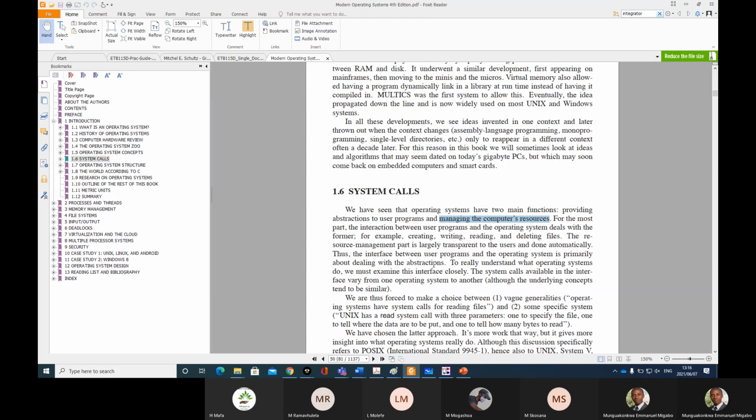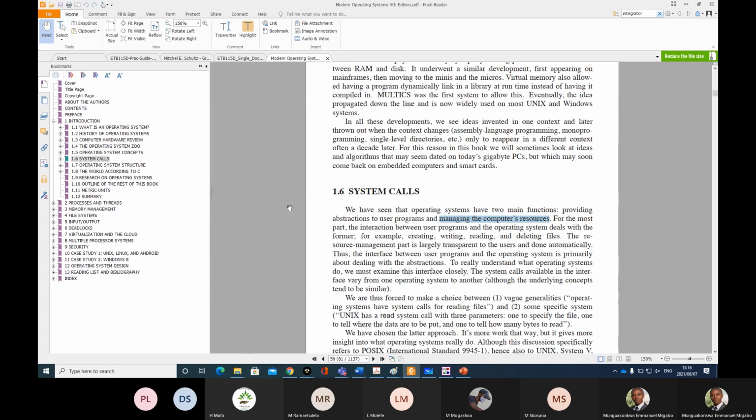When it comes to Linux, as we'll notice as we embark on using it, we'll deal mostly with the system through the command line, in the form of scripts as well as command lines basically. To really understand what operating systems do, we must examine the interface closely.